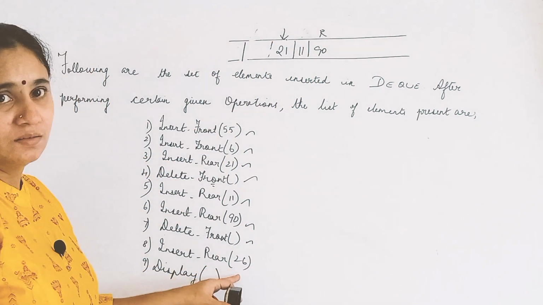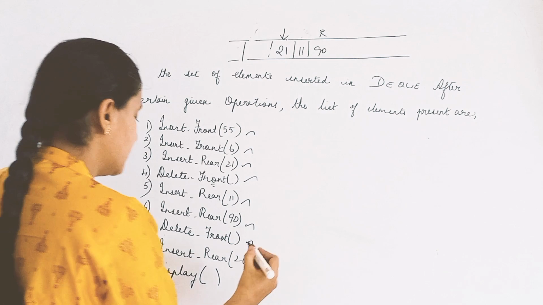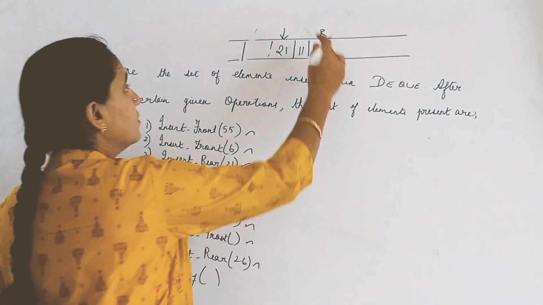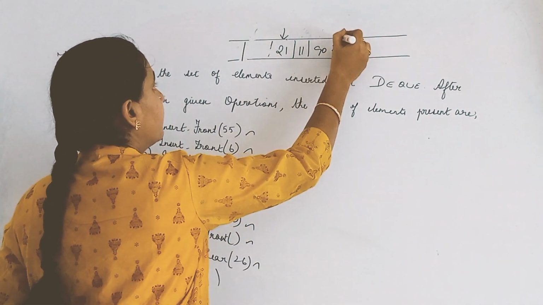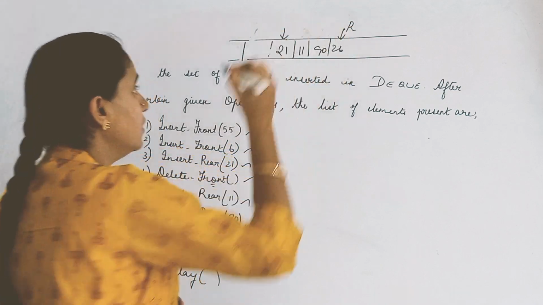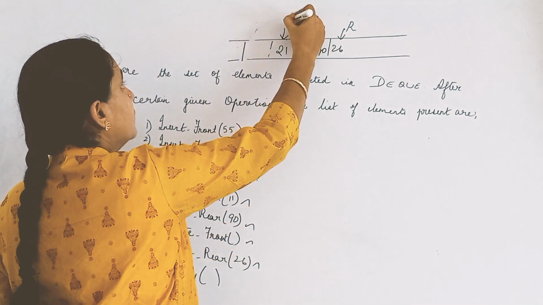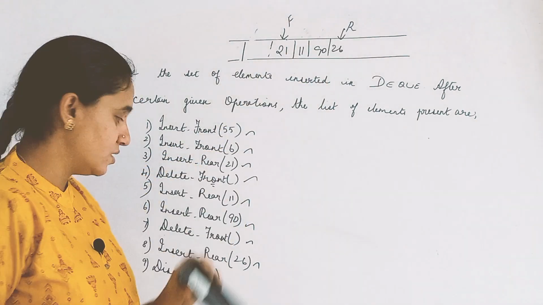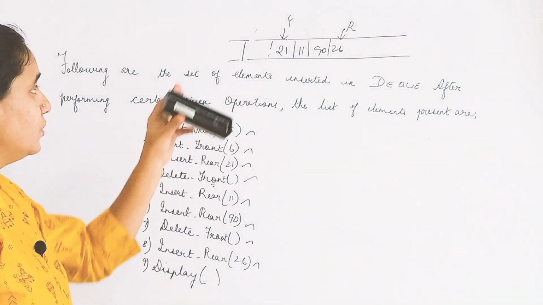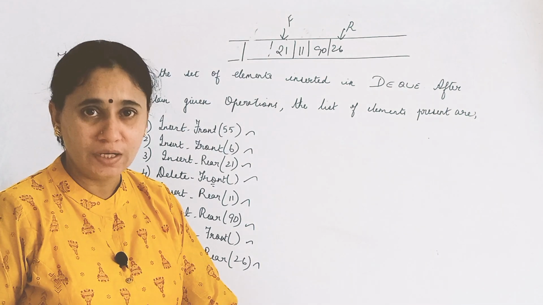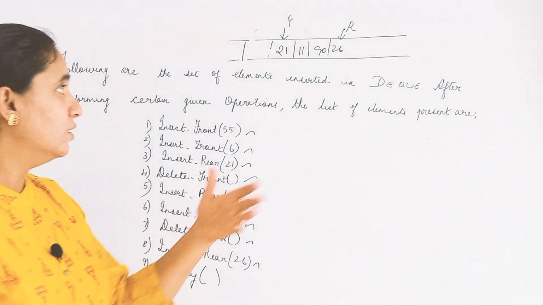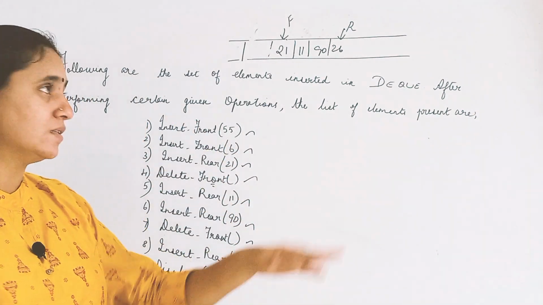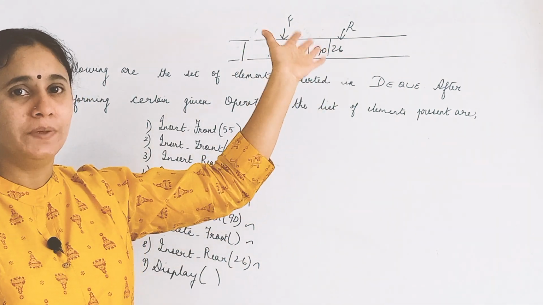The last step they have given is to insert at the rear. So insert 26 here, right? Now at present front is 21 and rear is pointing to 26. Now display. If you display, how will you display from the DQ data structure? We are going to use the queue format for displaying, that is, from the front the element will be deleted.